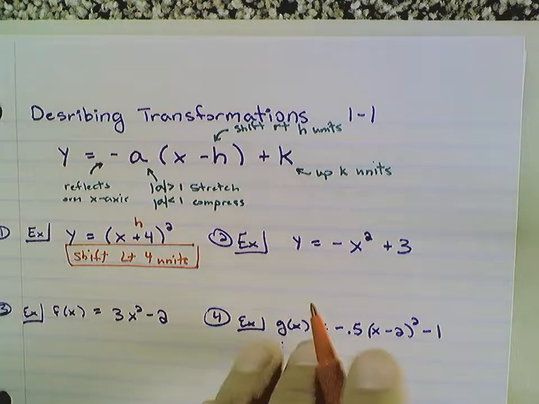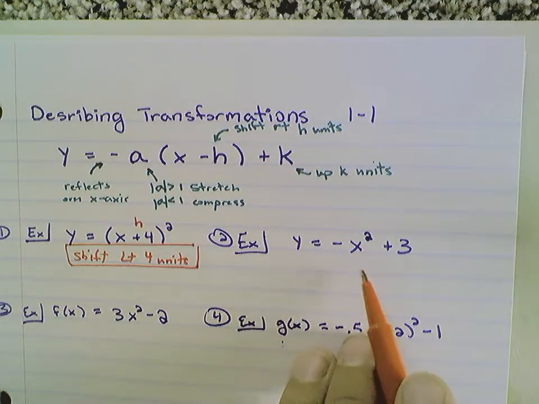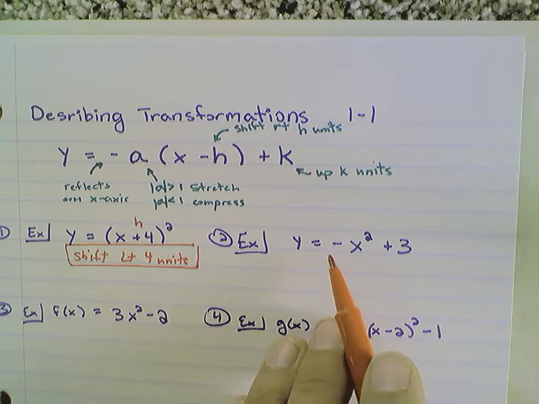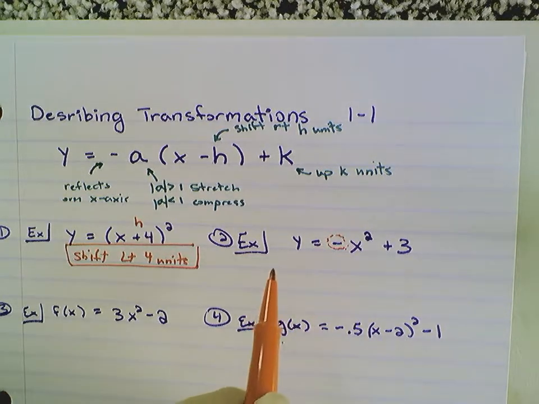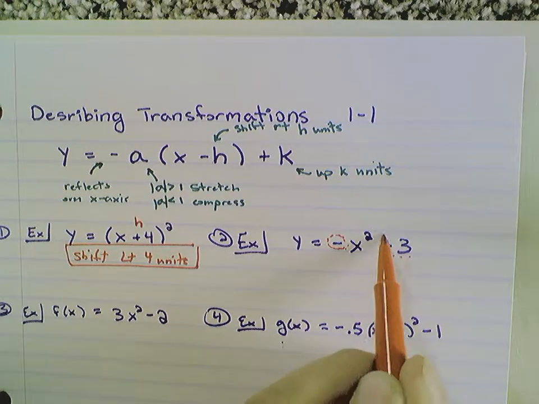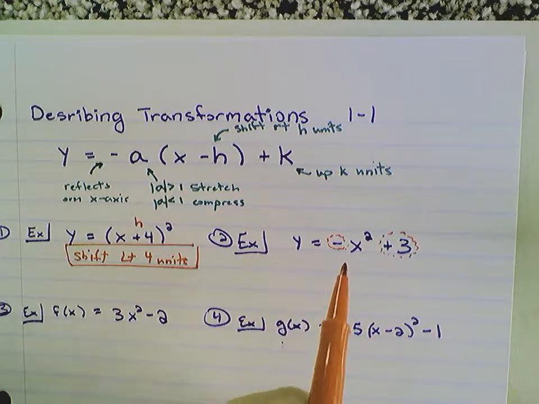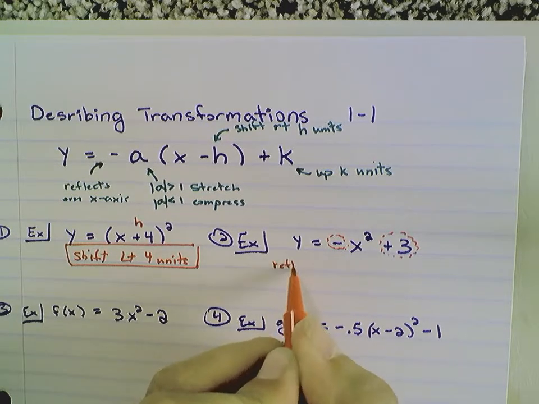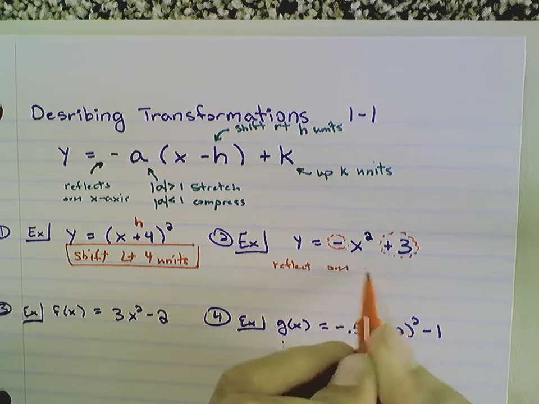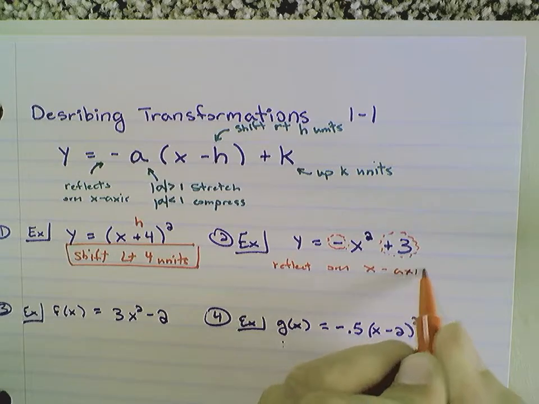If I look at example 2 here, once again I want to identify the transformations I have. So I see this negative out front, and then I also see the plus 3 on the end. The negative out front is going to reflect over the x-axis.